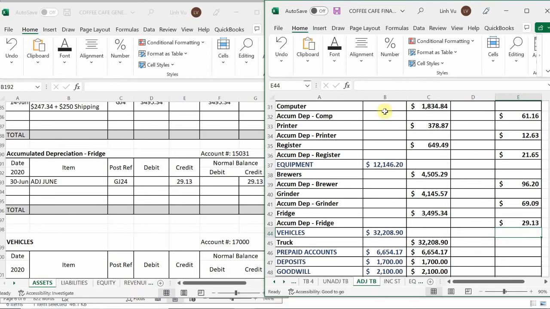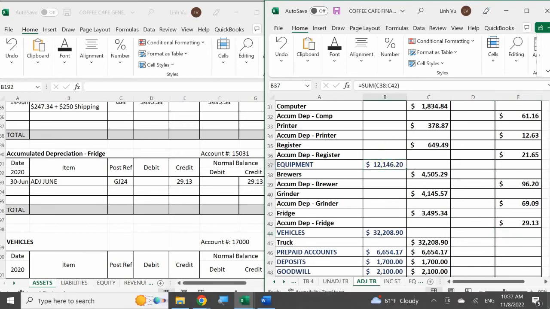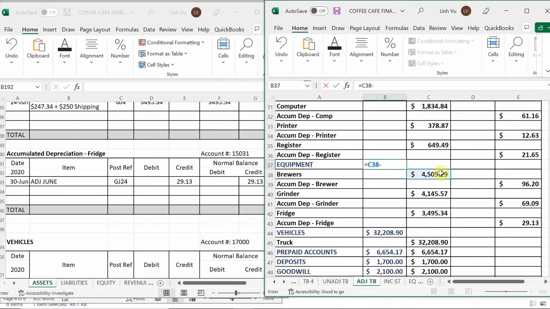Okay. And then I'm going to update my equipment account. Right, so I'm going to add all my fixed assets up and subtract all my accumulated, and I should have now $11,951.